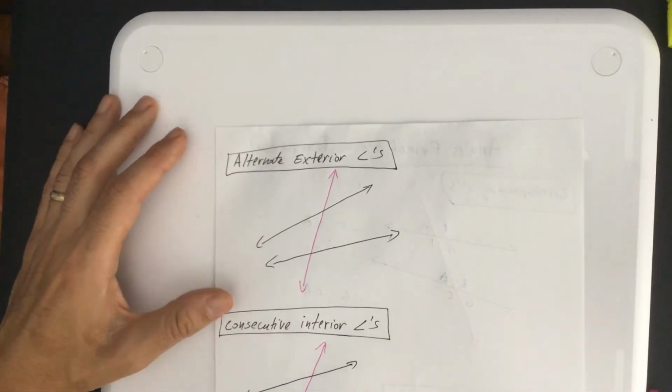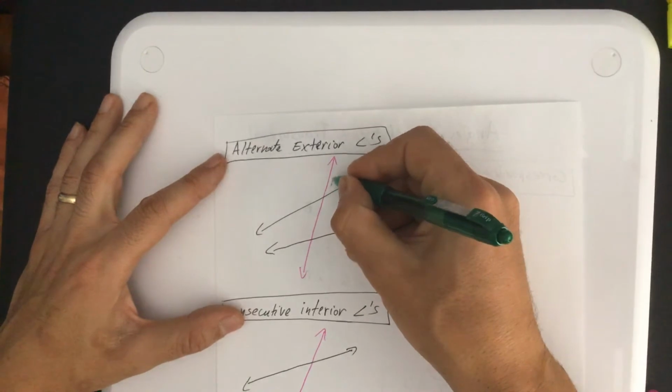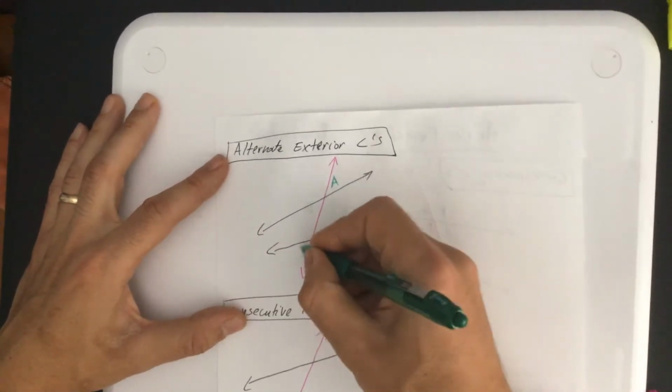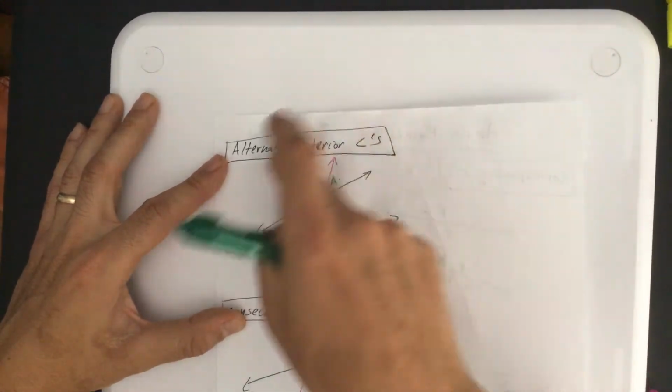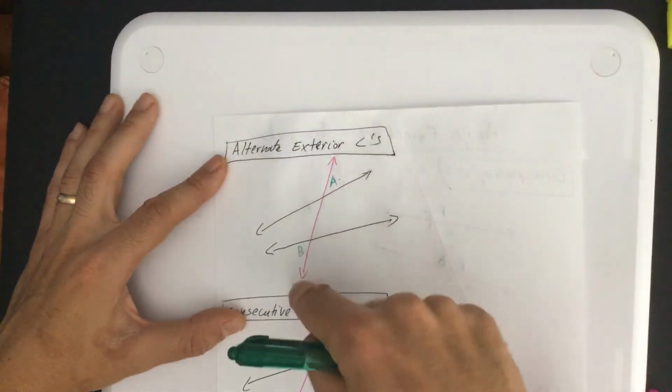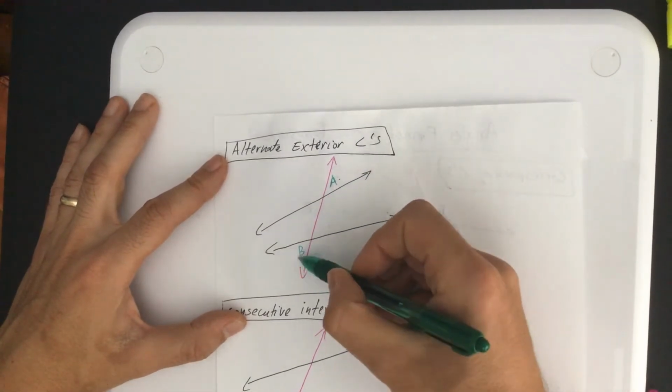Let's go and talk about alternate exterior. Now we're going to look at the exterior angles, and they're going to be alternating. So let's call this one over here A, and this one B. See, these are on the outside, and they're alternating because they are across the transversal. One is on this side of the transversal, and the other one is on the other side.